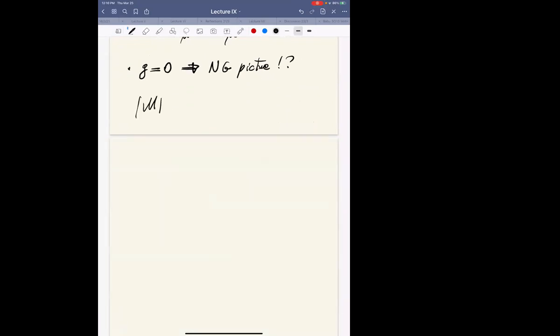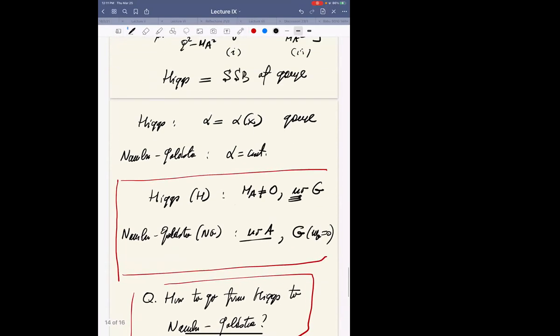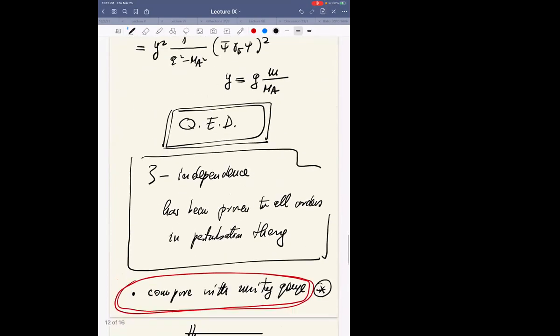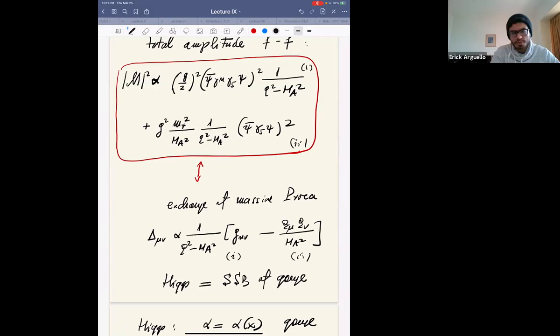So my amplitude M squared had a piece number 1 plus piece number 2. What happens to piece number 1 when G goes to 0? Who's going to speak? We have to do this together. What happens to piece number 1 when G goes to 0? Someone: just 0.